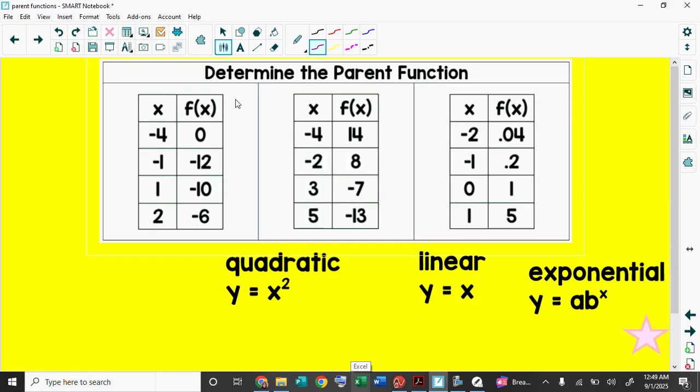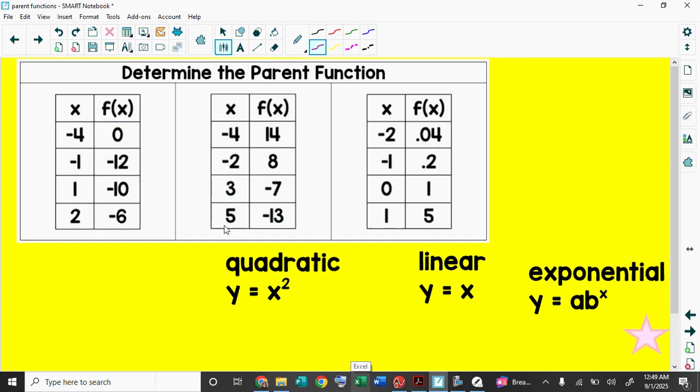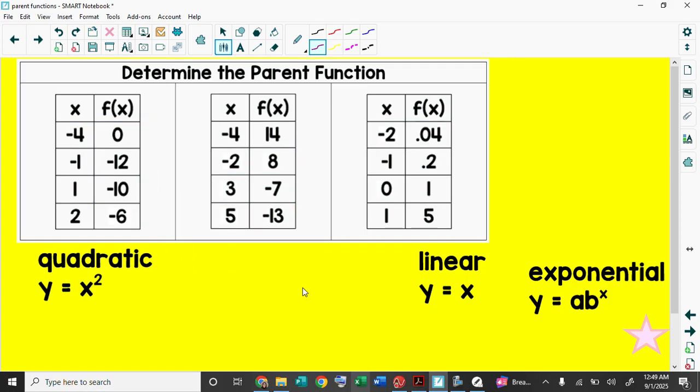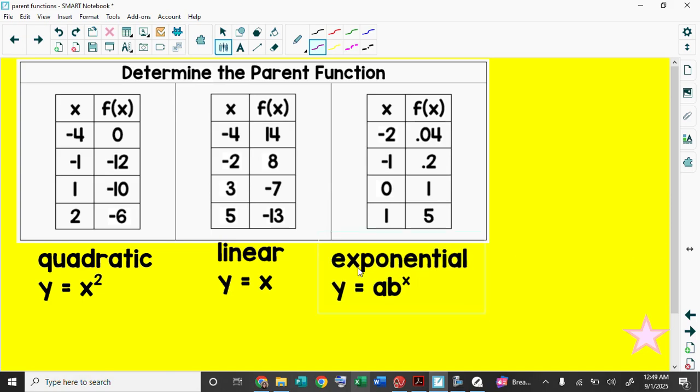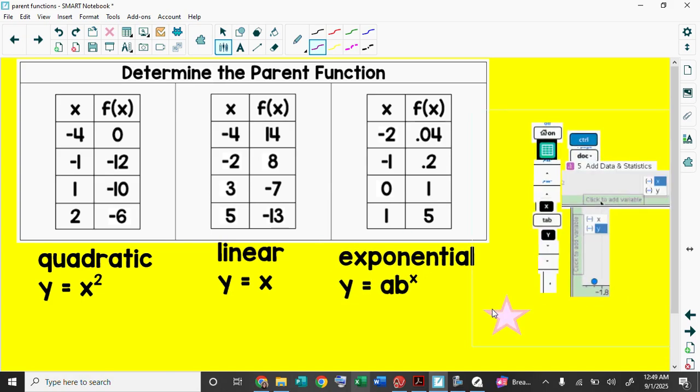That is how you use your calculator to plot points. You could, if you wanted to, plot them. Here are the steps if you want to write them down.